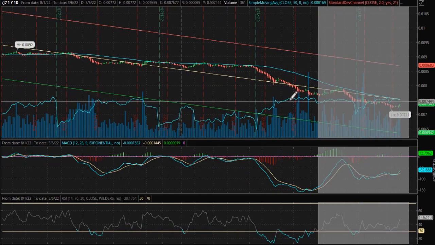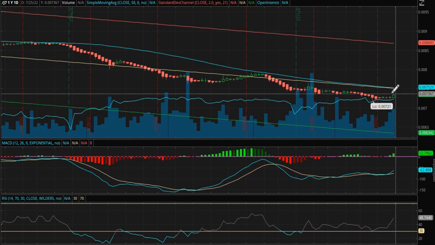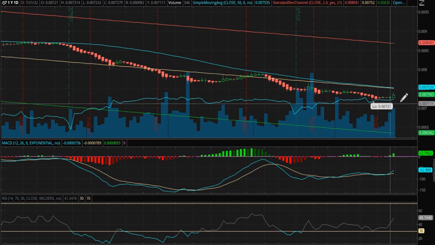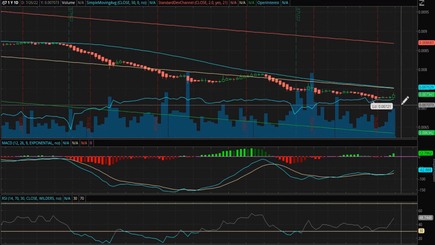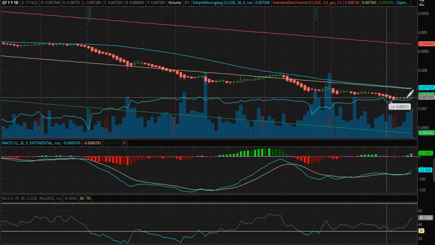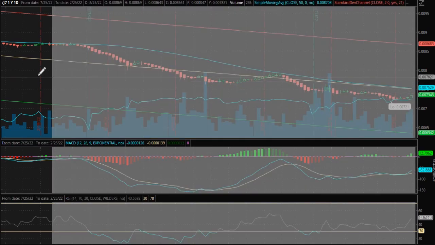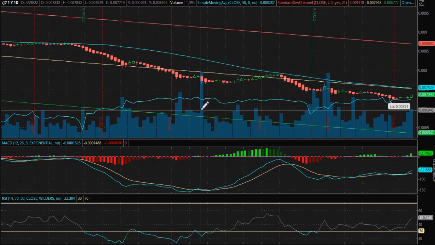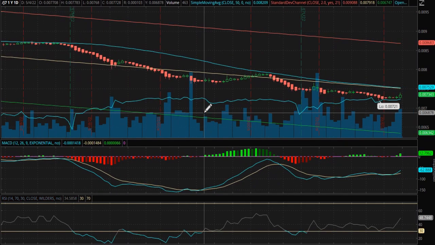I think here's the yen. This may be why the Japanese market, at least in part, is going up here. But we're still in an overall downtrend. Japan has, I think, at least one of the highest, if not the highest, debt to GDP ratios.